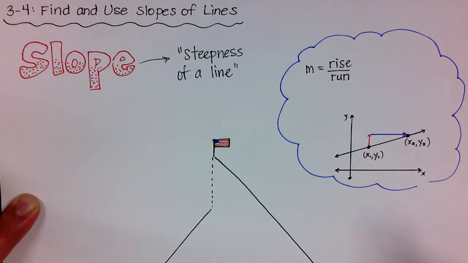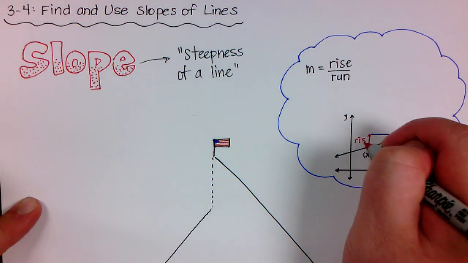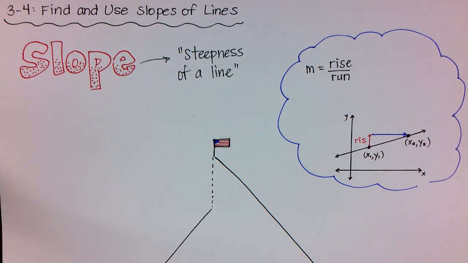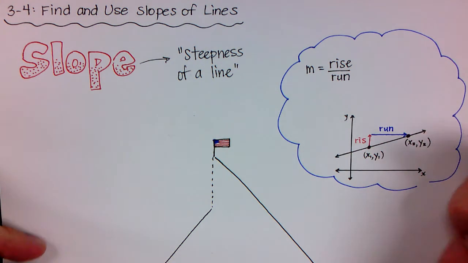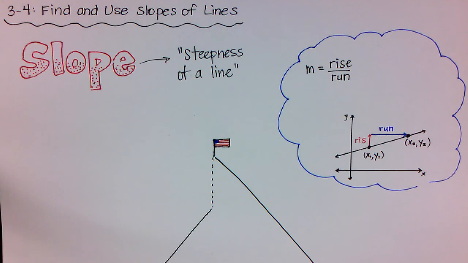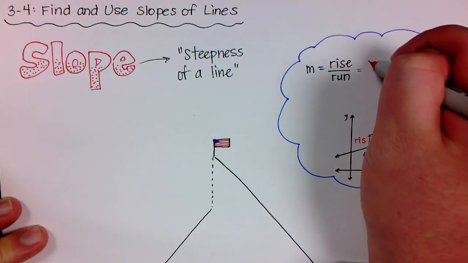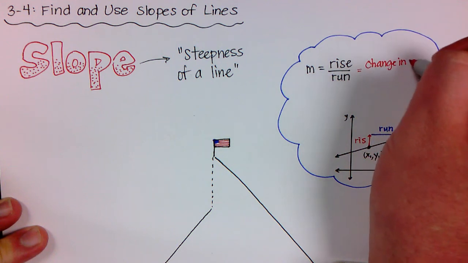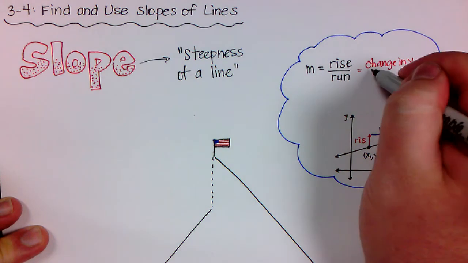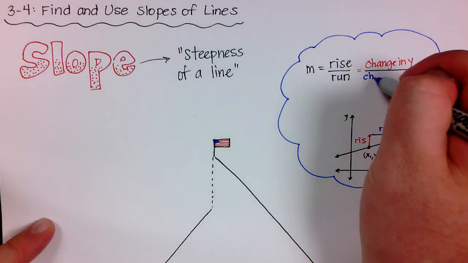So this means we're going to calculate how far this line rises from one point to another, and then also how far across it runs from side to side. And so you're going to find that really the rise is the change in the y's, and the run is the change in the x's.